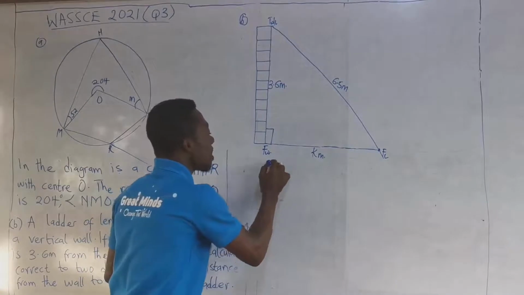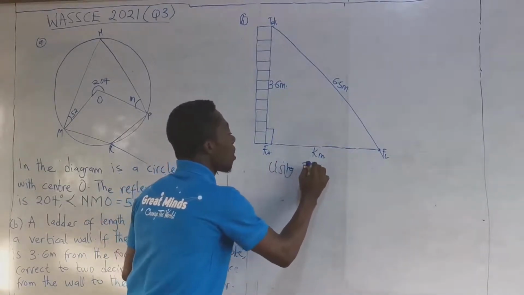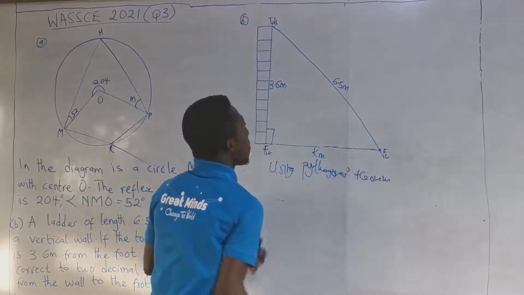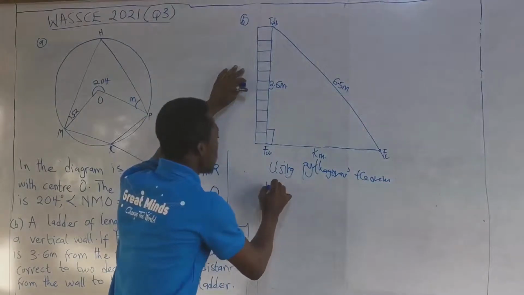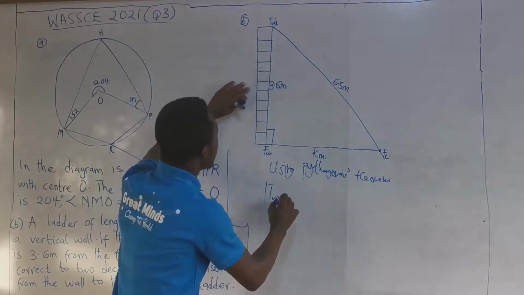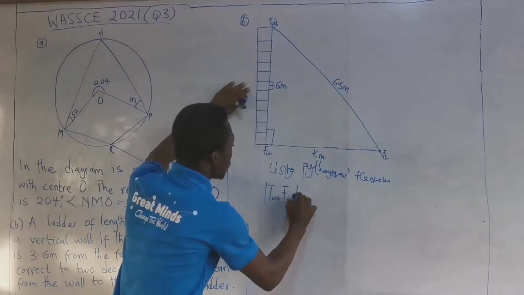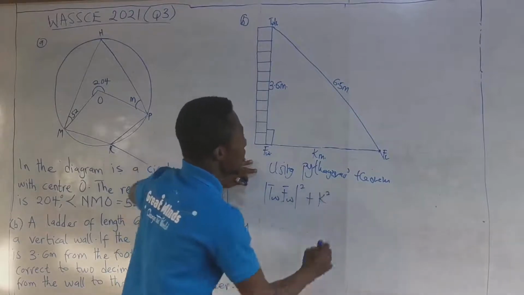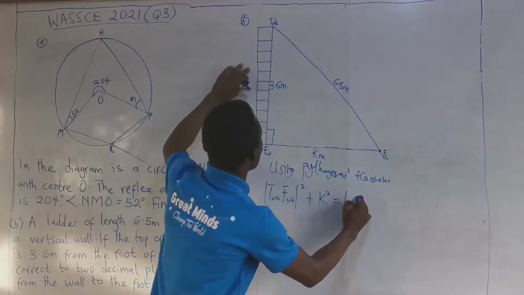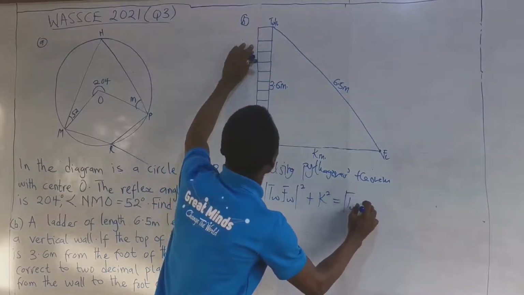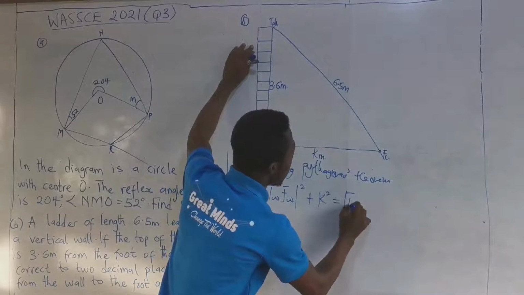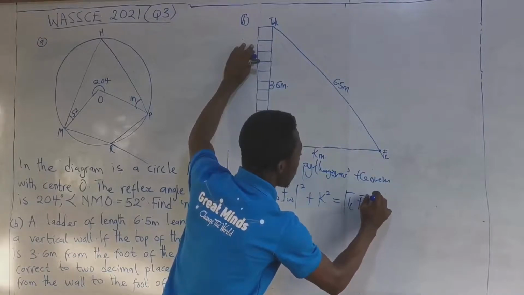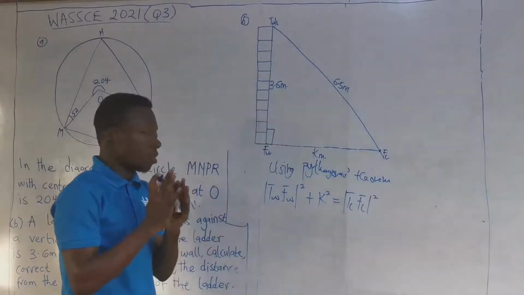So using Pythagoras theorem, we can say that length TW and FW squared, plus K squared, should be equal to length TL, the top of the ladder and the foot of the ladder, squared. So that is the Pythagoras theorem approach.